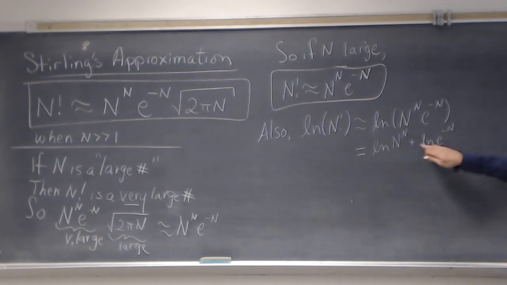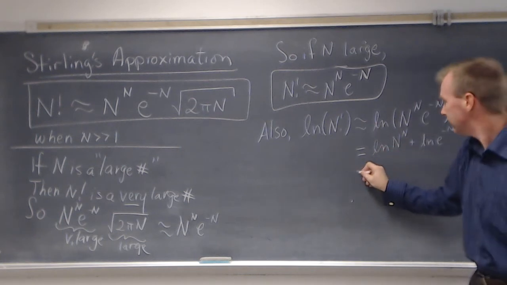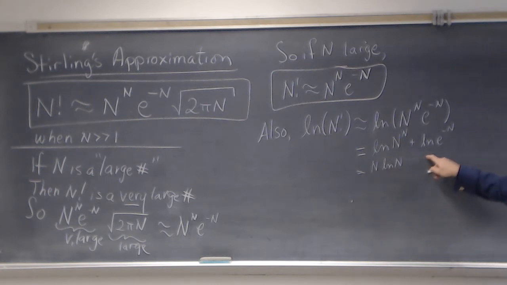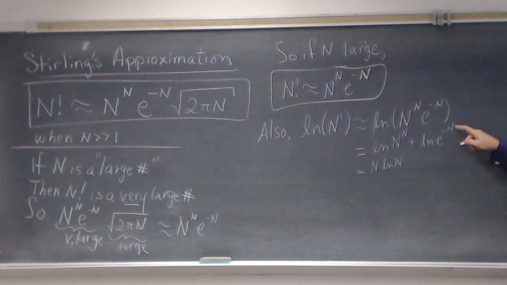What can we do when we've got log of some argument, we'll call it, raised to an exponent? Right. So for log of n to the nth, it's n times the log of n. Here, we've got log of e to the minus nth power.